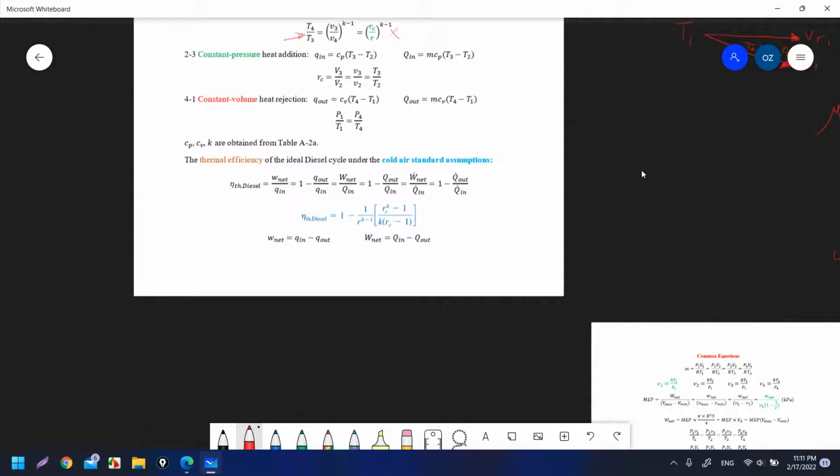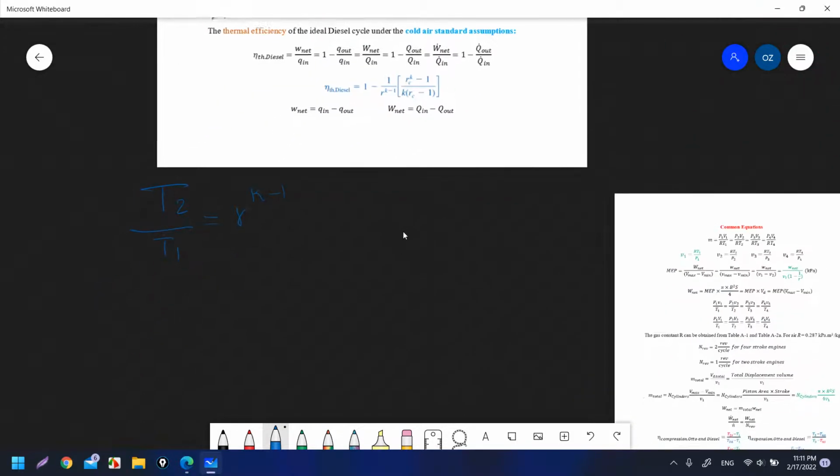So I need to find T2 first. Let's change the color, because it is constant specific heat. So T2 over T1 is equal to R power K minus 1.